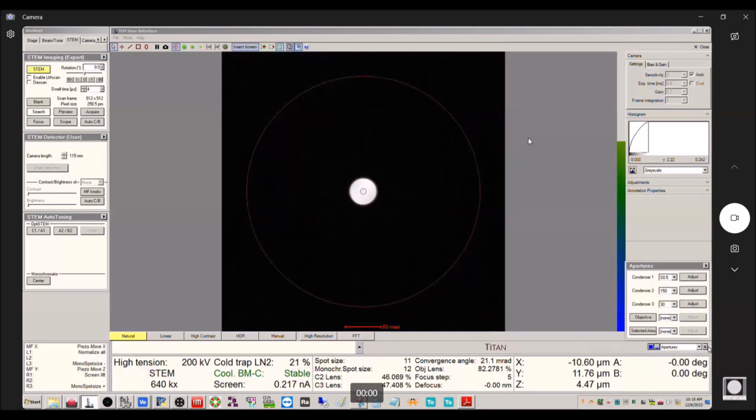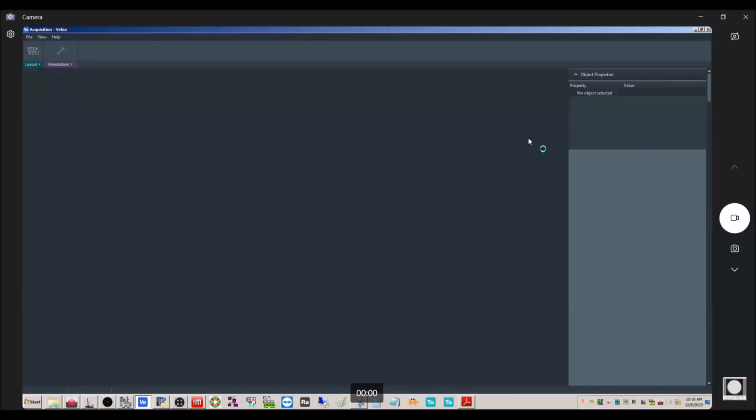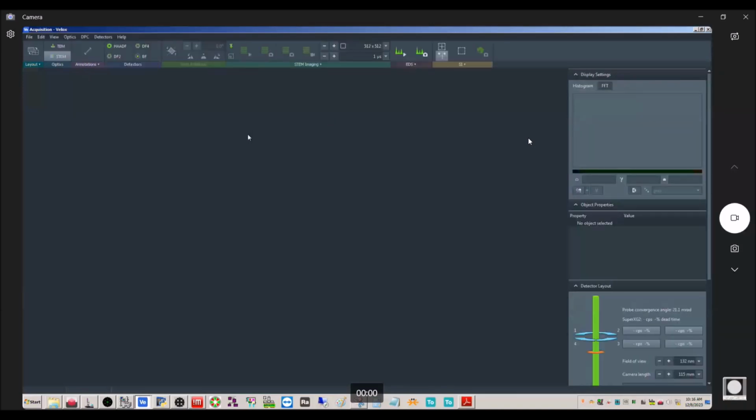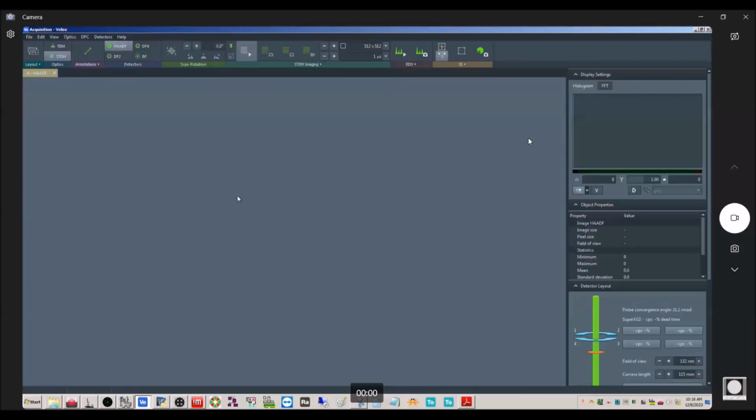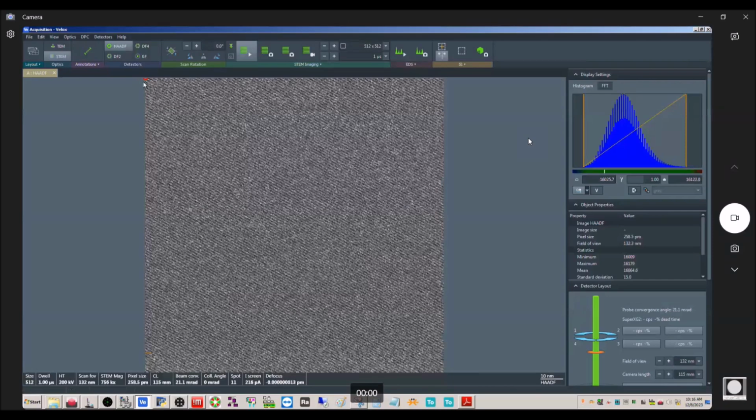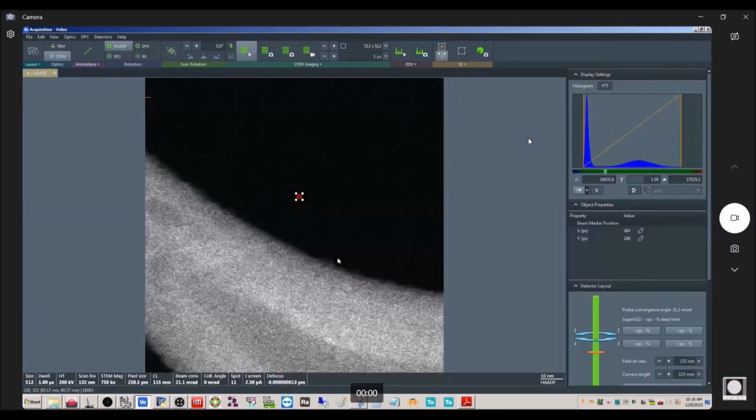Okay, so what we can do now is some STEM imaging here. You can go ahead and switch to, oh, I'm going to have to close this and start again because of the dual screen thing. All right.